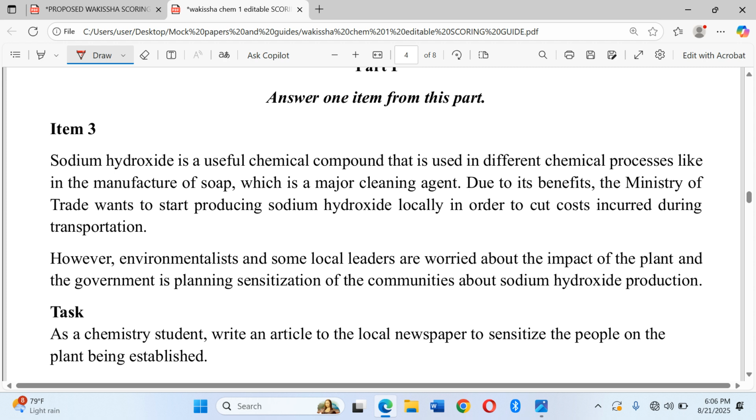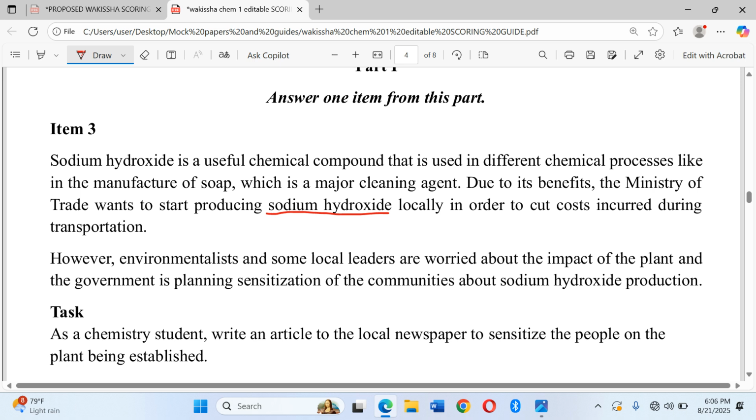So item 3 says, sodium hydroxide is a useful chemical compound that is used in different chemical processes, like in the manufacture of soap, which is a major cleaning agent. Due to its benefits, the Ministry of Trade wants to start producing sodium hydroxide locally in order to cut costs incurred during transportation.